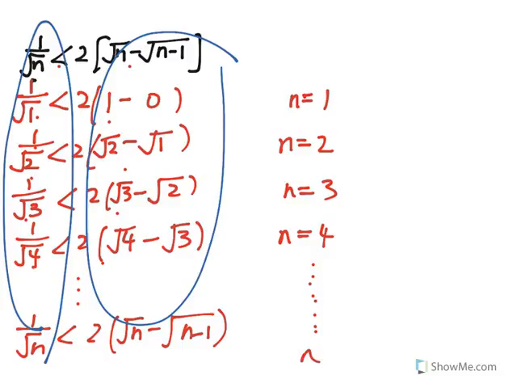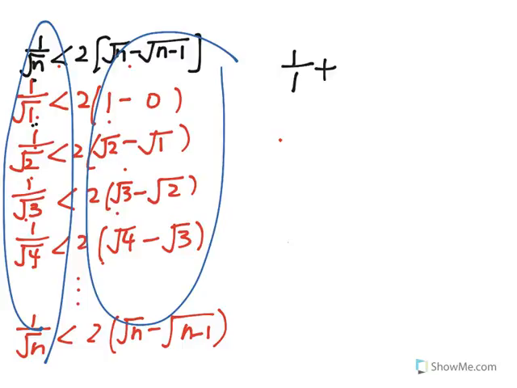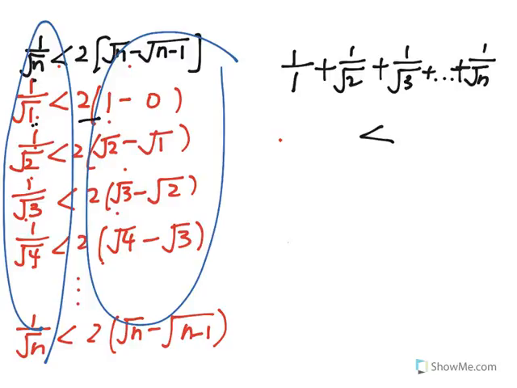So if I sum up my left hand side, I have 1 plus 1 over root 2 plus 1 over root 3, and so forth, plus 1 over root n. This is less than, okay, 2 times 1 minus 0.